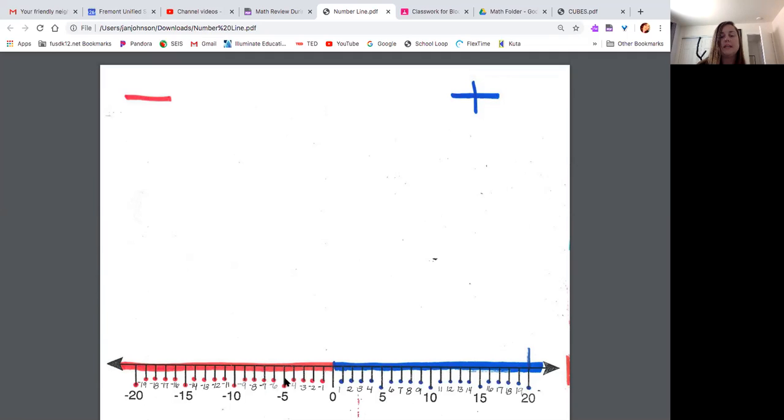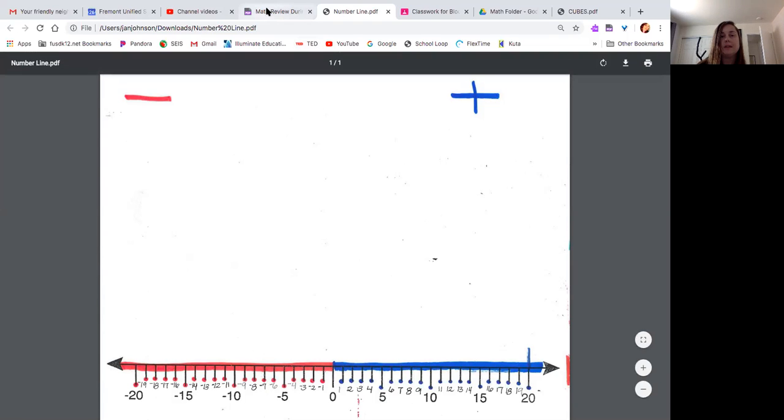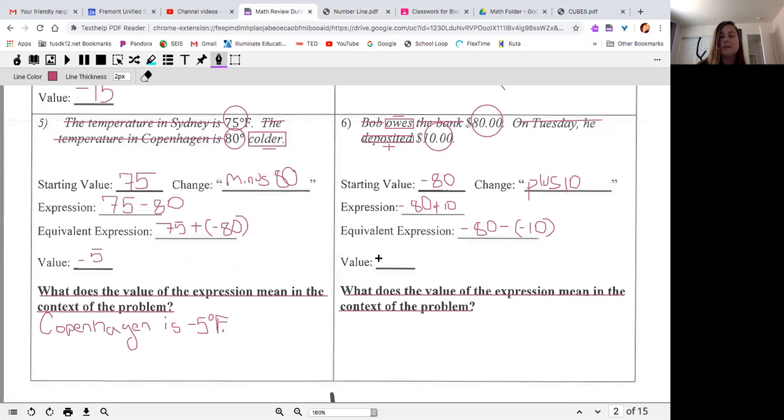So if this was 80, if we counted by tens, like 10, 20, 30, 40, 50, 60, 70, 80. Okay, and then we're adding 10. Adding, we're going to the positive side. So it'd be 80, 70. Okay, so if you're trying to use the number line in that way, you can. So how much money does he still owe the bank? Now he owes the bank $70.